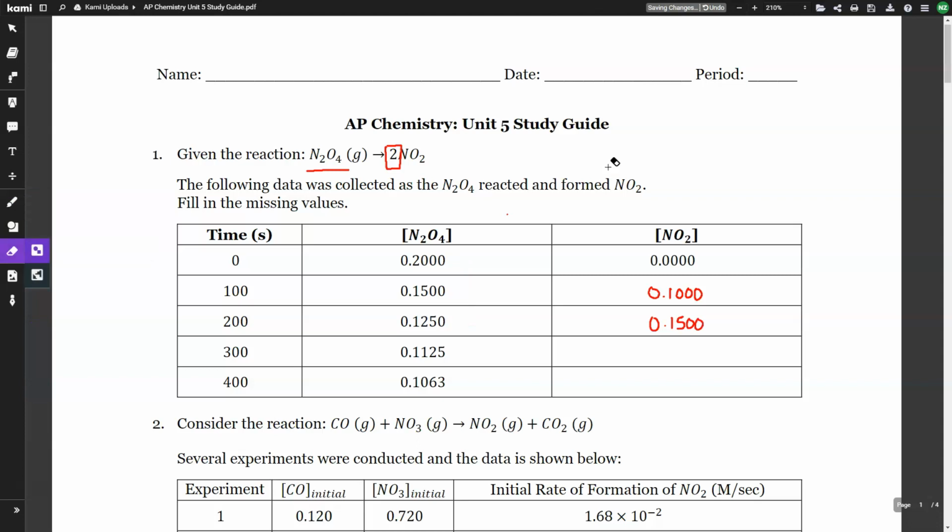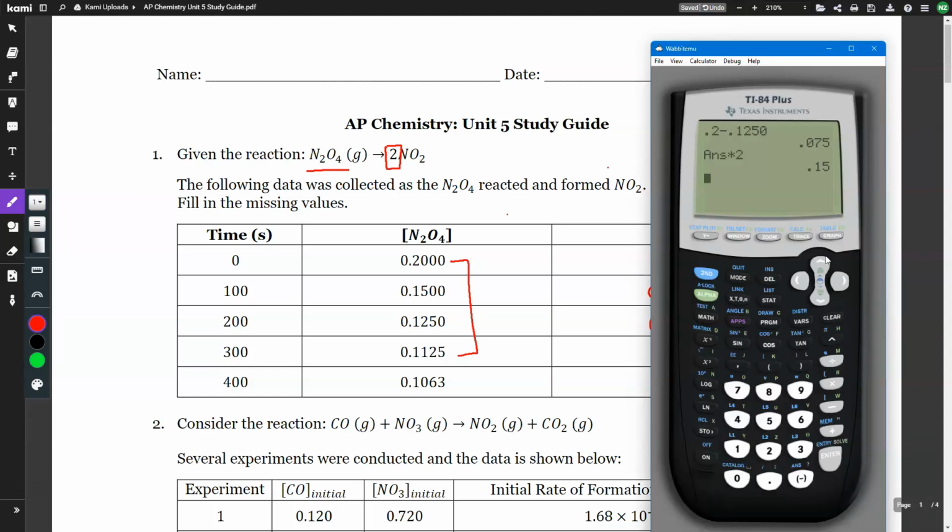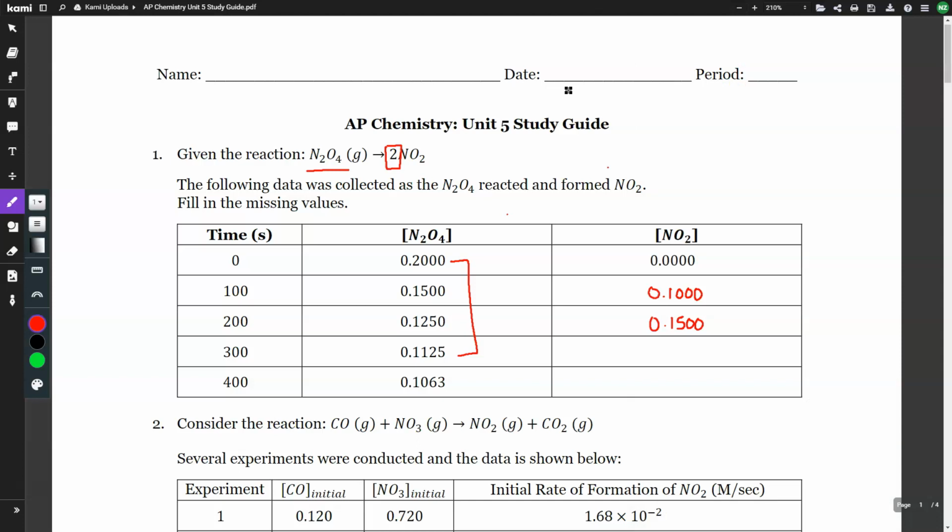Now we're going to look at 0 to 300. So 0.2 minus 0.1125. That's how much the N2O4 is going down by, and then we're going to have 0.175 of our NO2 produced.